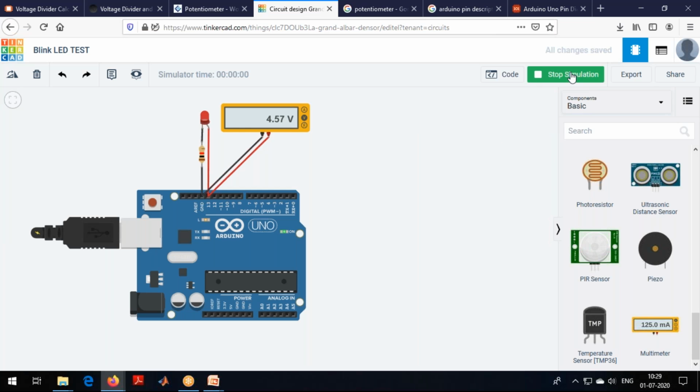See, 4.58 volts we are getting. So can anyone try out and tell me what is the corresponding resistance I have to use if we are getting input as 4.58 volts?